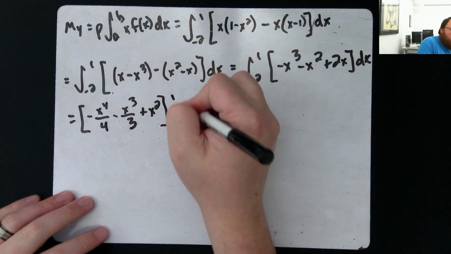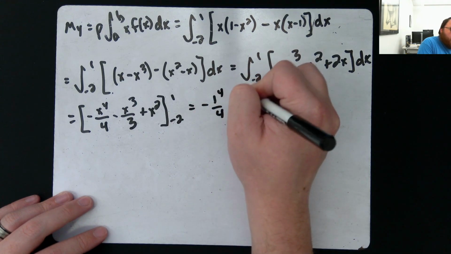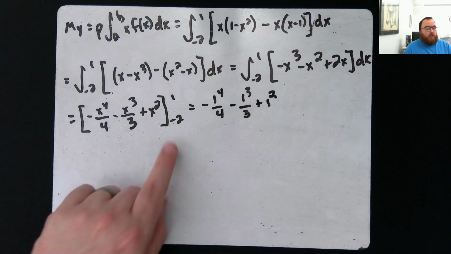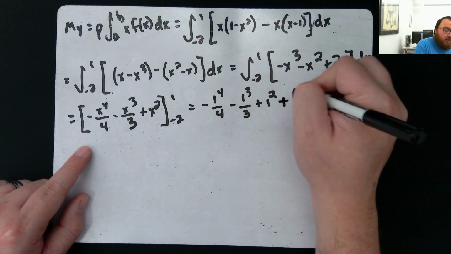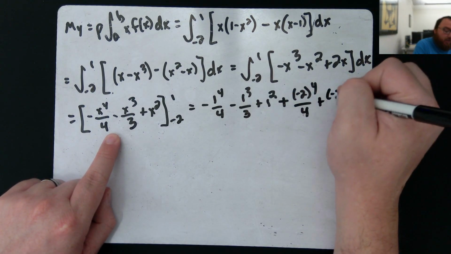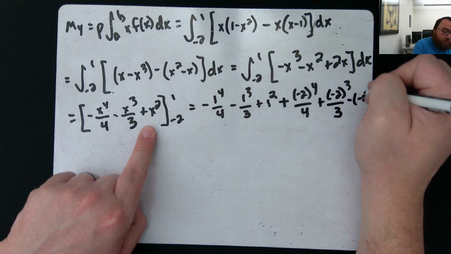Plug in 1 first. Negative 1 to the 4th over 4 minus 1 to the 3rd over 3 plus 1 squared, minus, plug in the negative 2. So that's going to make that plus negative 2 to the 4th over 4 plus negative 2 to the 3rd over 3 minus negative 2 squared.